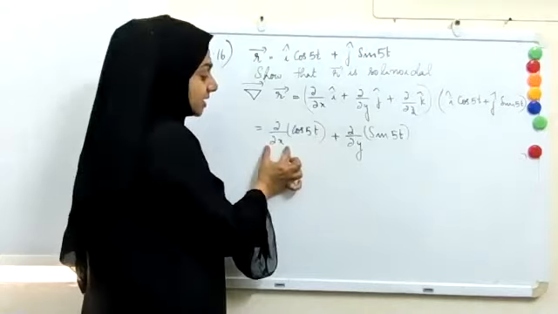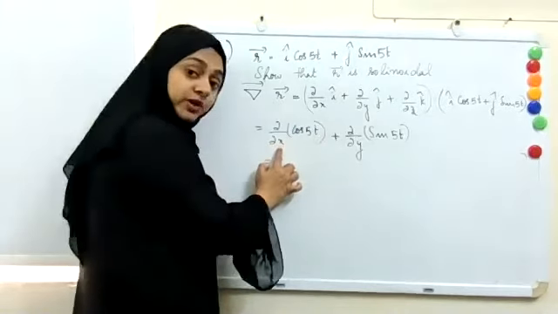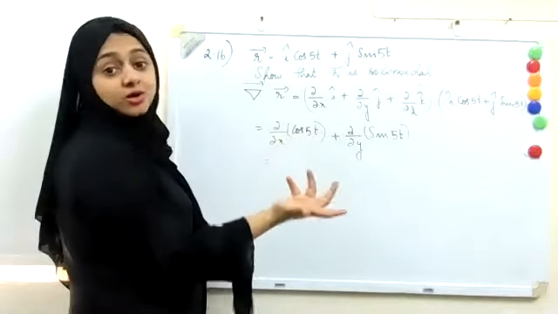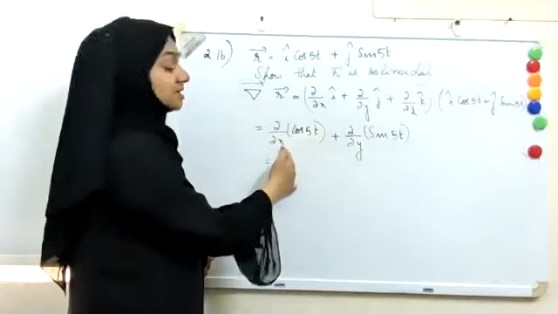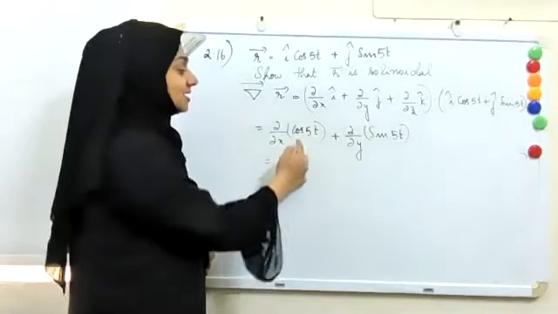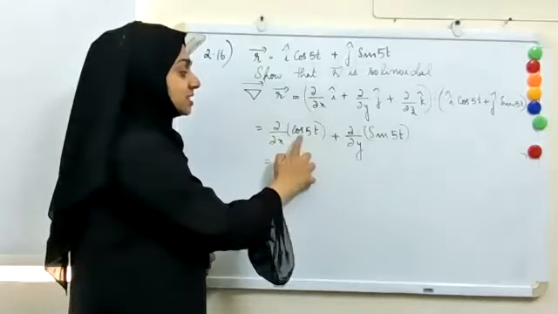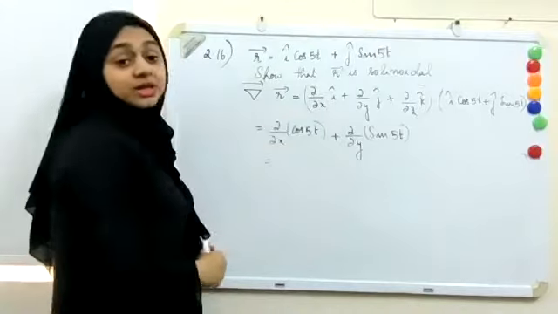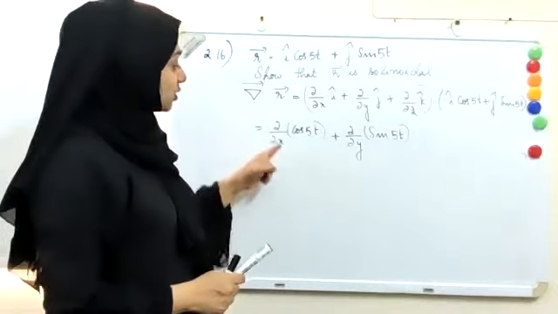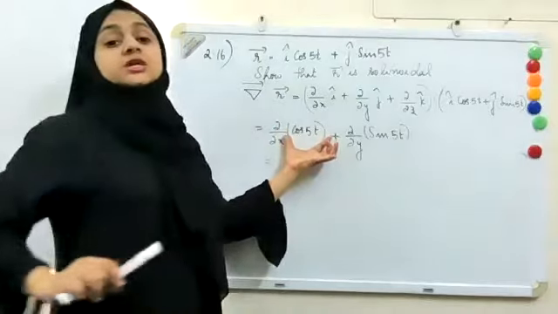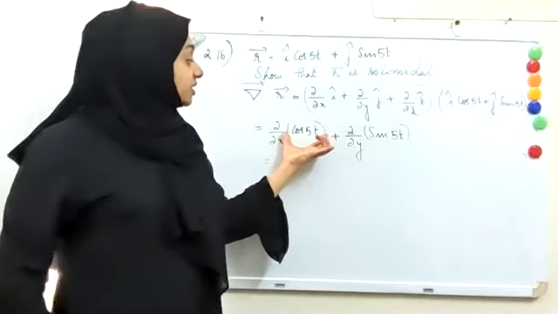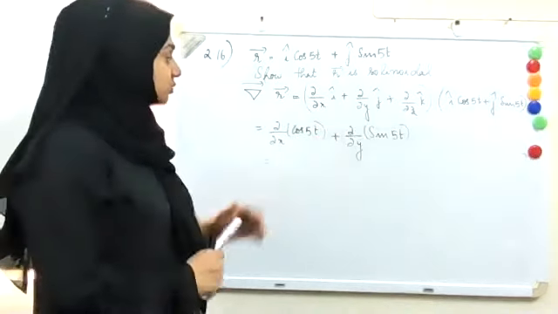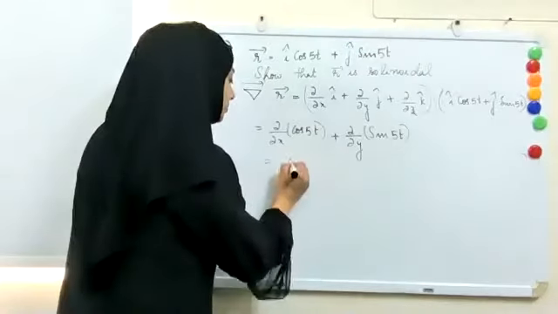I told you when we are taking partial differentiation with respect to x, whatever other than x is there can be considered as a constant. So t is a constant in this case. There is nothing related to the variable x here. So this quantity will be 0 because this is dou by dou x of something which doesn't contain x. It's a function of t, time only, not position.